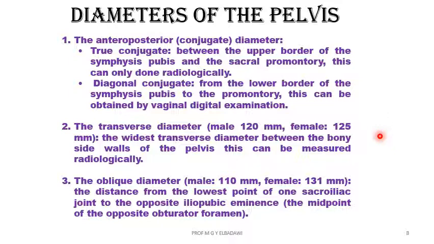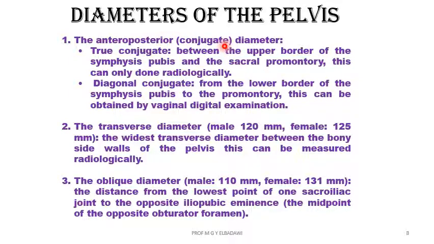These are the diameters of the pelvis, which are important in assessing the size of the pelvis during pregnancy. There is the anteroposterior diameter, or the conjugate, the transverse diameter, and the oblique diameter. These are the three diameters which usually are considered.